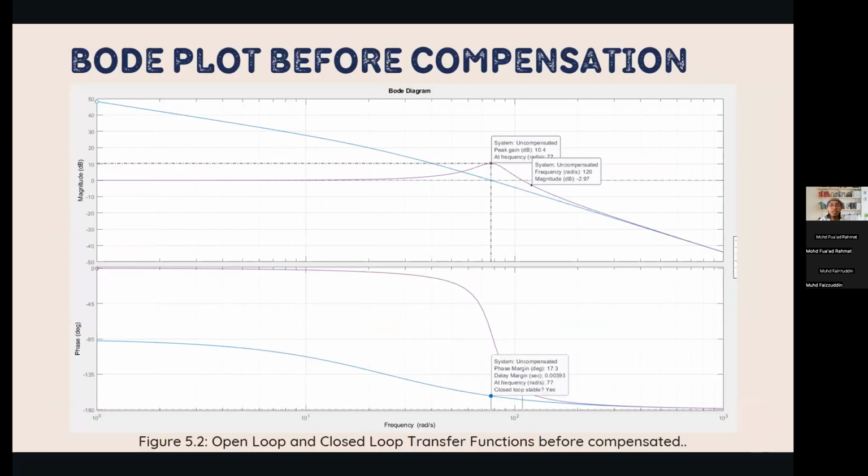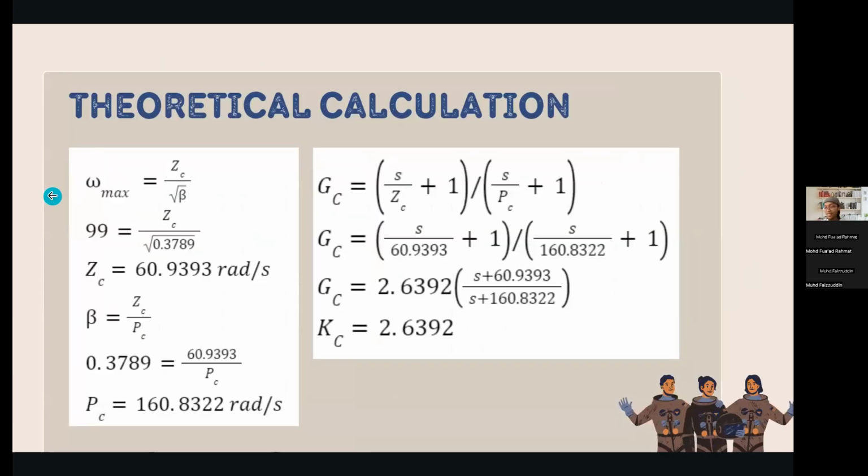Stop. And reverse. Okay, what is the gain value for the lead compensator? Gain value for the lag compensator. 2.6392.